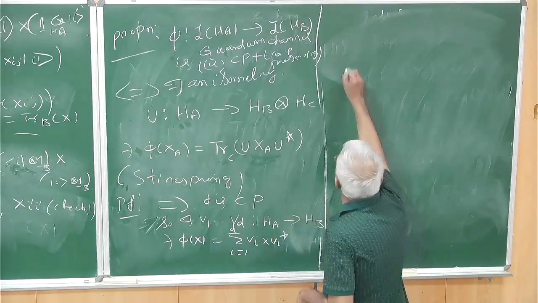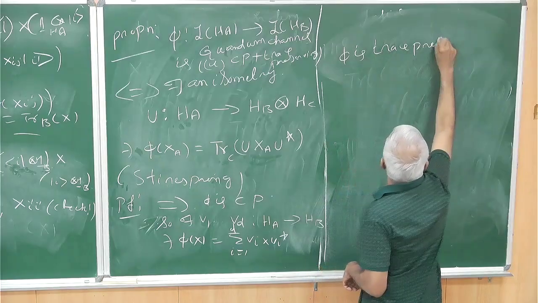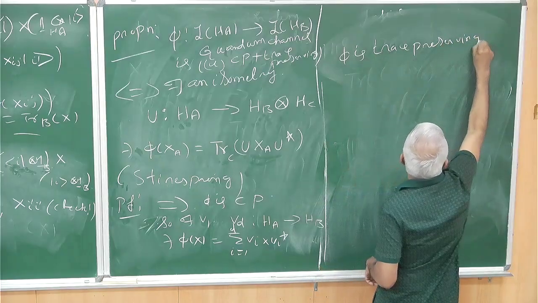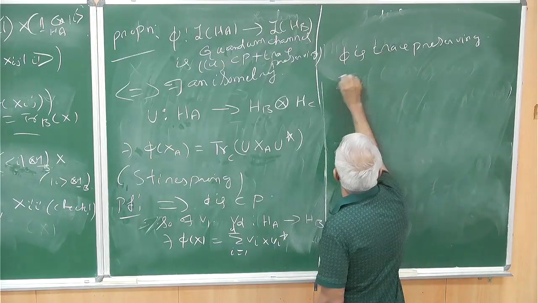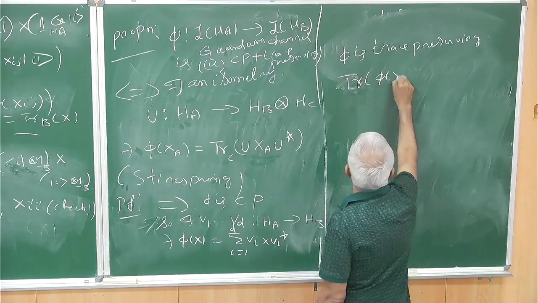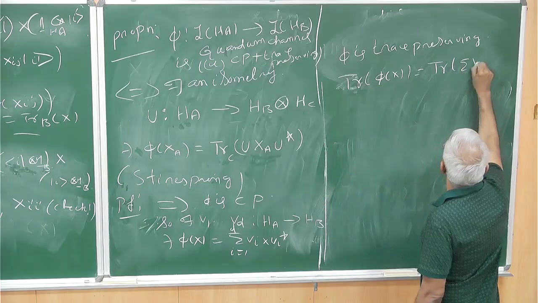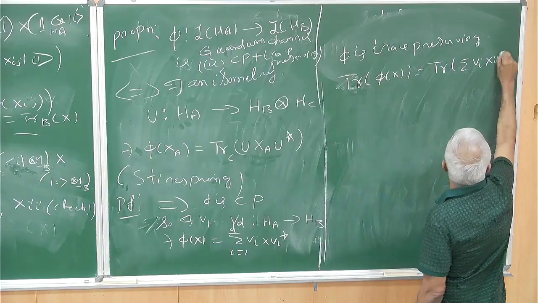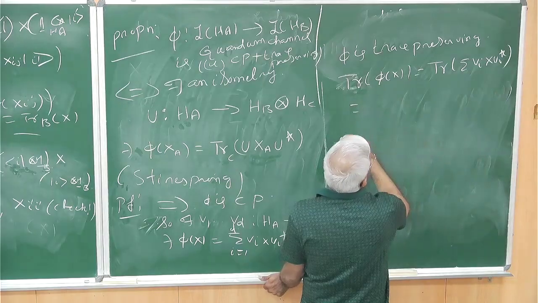And further, phi is trace preserving. So this implies trace of phi of X equals trace of the summation V_i X V_i star, which is equal to trace of X.